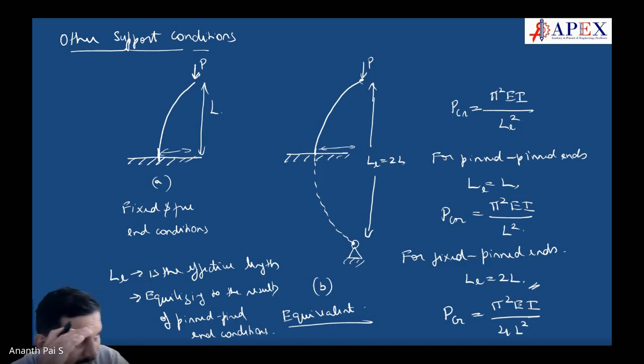And always it bends in the direction where it has a minimum moment of inertia. Which axis has a minimum moment of inertia, that axis it bends. Simple.